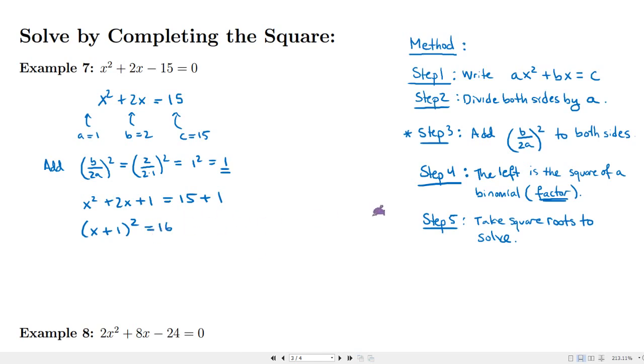And then now we can finish the solution by taking the square root of both sides. So you see, if I take the square root of both sides, then what do you get? You will end up with the absolute value of what's under here.